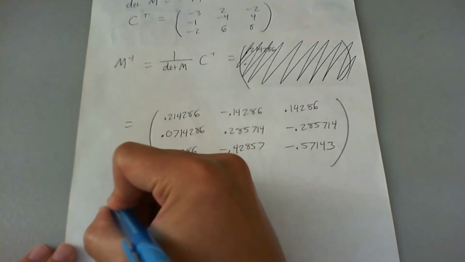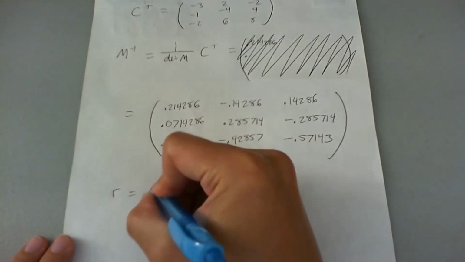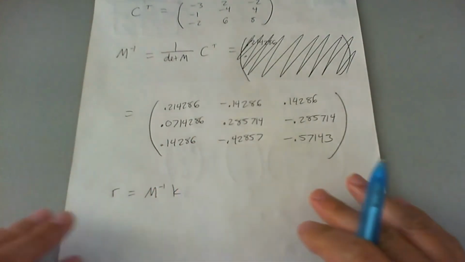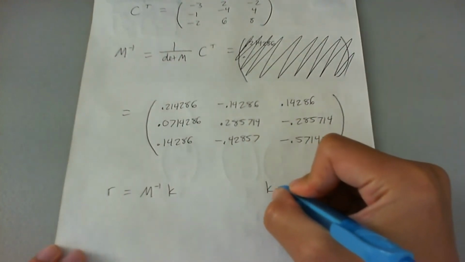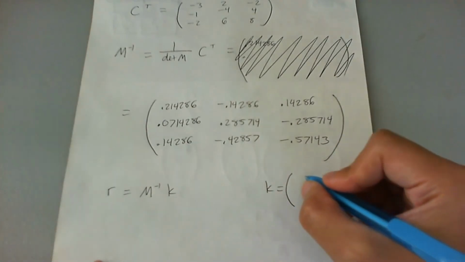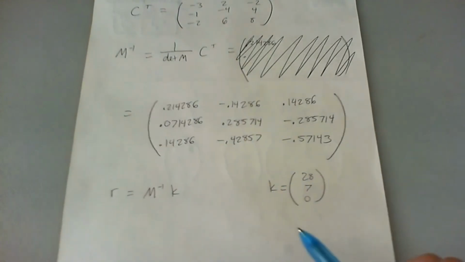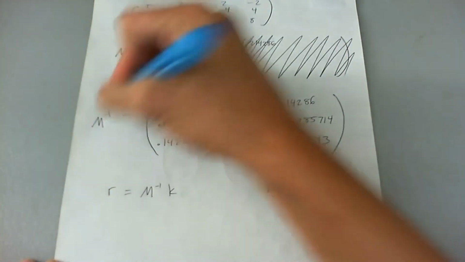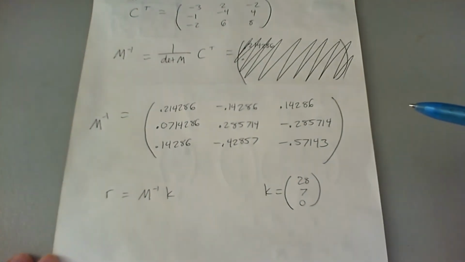And then lastly, what we're going to do is say that the R column vector is going to be this matrix multiplied by K. If you remember what K is equal to: 28, 7, and 0. So now what we're going to do is multiply inverse M by K. And how you do that is by simple matrix multiplication.